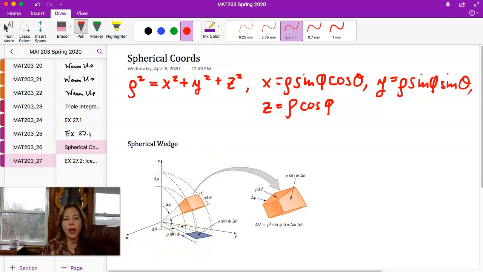So now we are introducing another angular measurement, and that is called phi. And the angle phi is measured from the positive z-axis. So phi is measured from z.